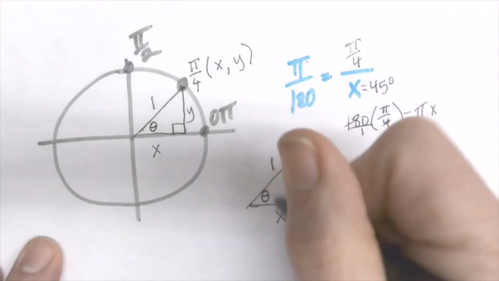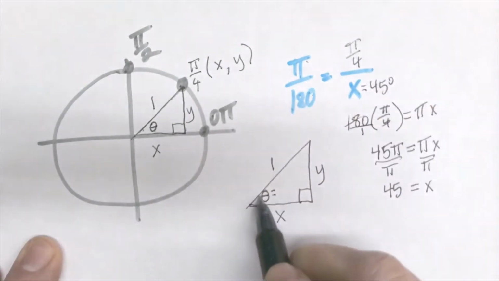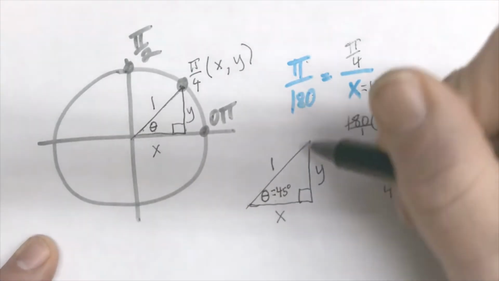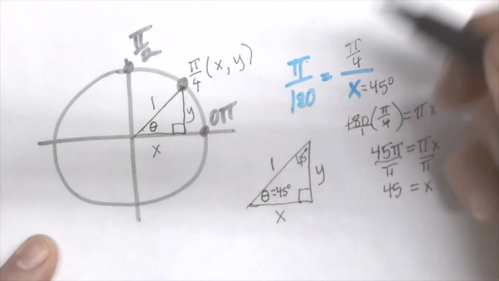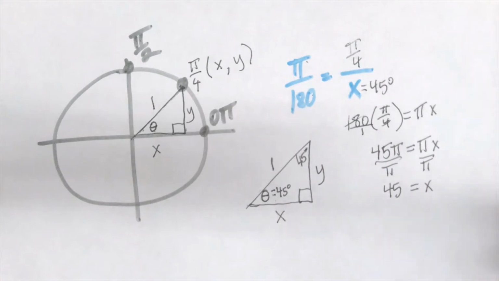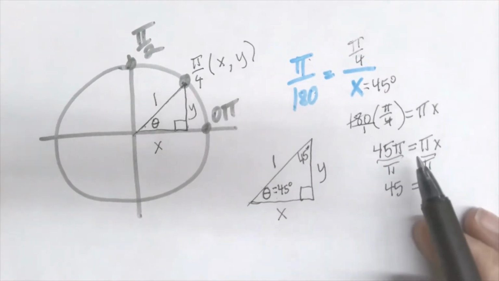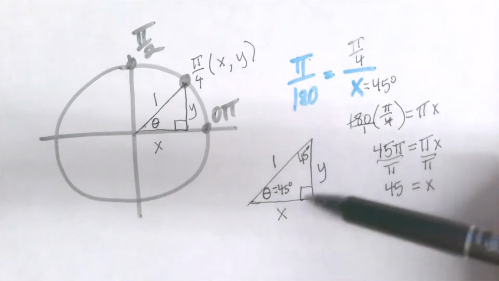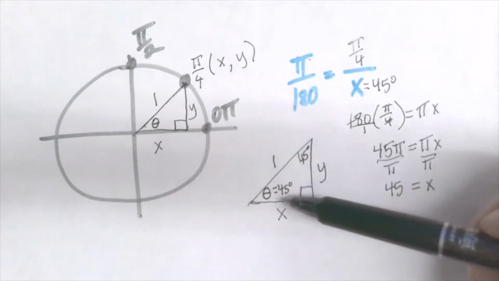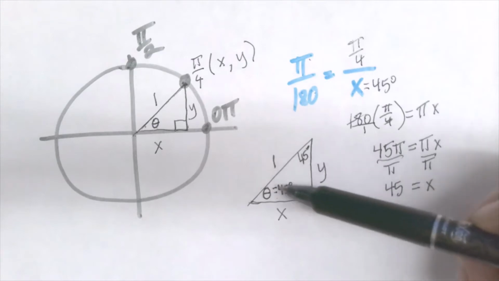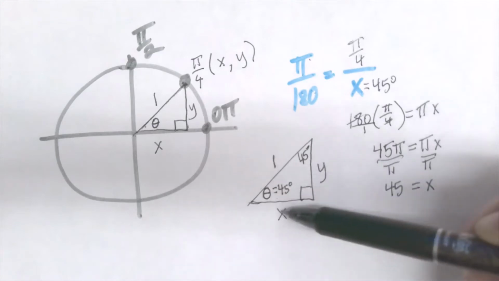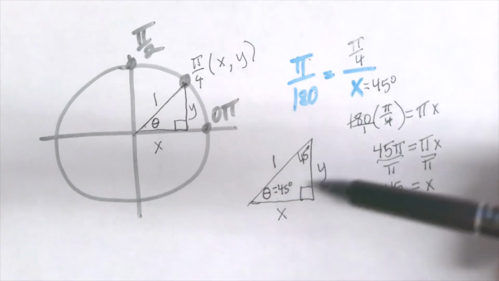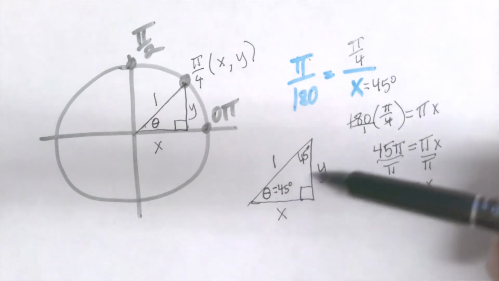So my theta here is 45 degrees. If that's 45 degrees, I know this other is 45 degrees. I'm going back to my geometry days, and what I've created is a 45-45 right triangle. And the connection between all of these has something to do with the fact that if these two angles are the same, then these two sides are going to be the same.